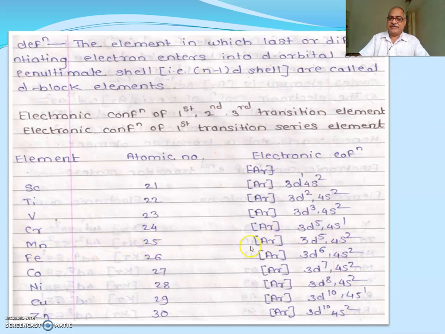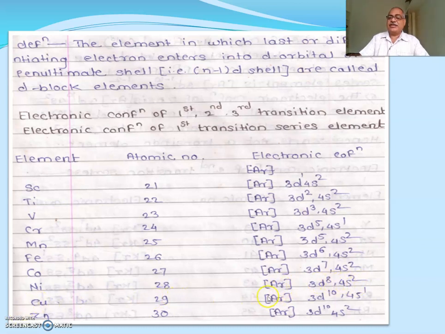Then manganese 25, argon 3d5, 4s2. Then iron 3d6, 4s2. Then cobalt, atomic number 27, its electronic configuration is argon 3d7, 4s2. Then nickel 28, argon 3d8, 4s2.